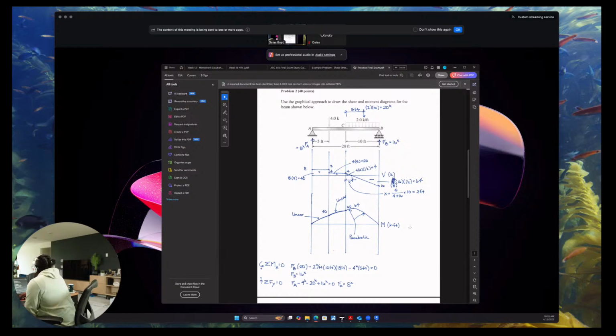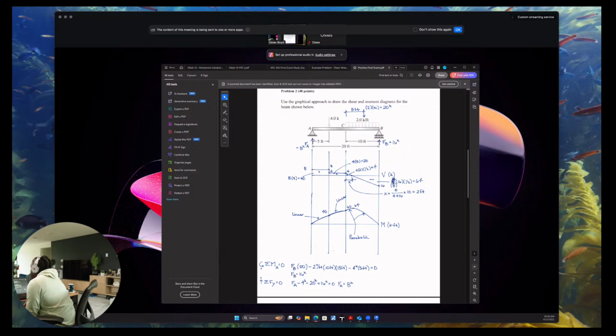All right, so let's see. So we have an upward reaction of 8 kips at point FA based on a determination of the moments.